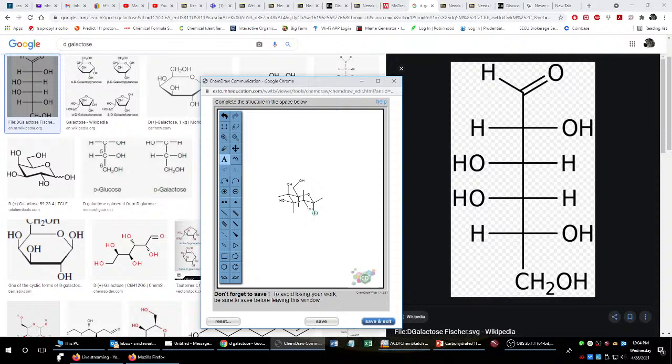Again, the alpha form is going to have the OH group down. It should be down beneath the plane for the second one. We'll have 2 up. And then when we rotate this, that would put the CH2OH group up as well.